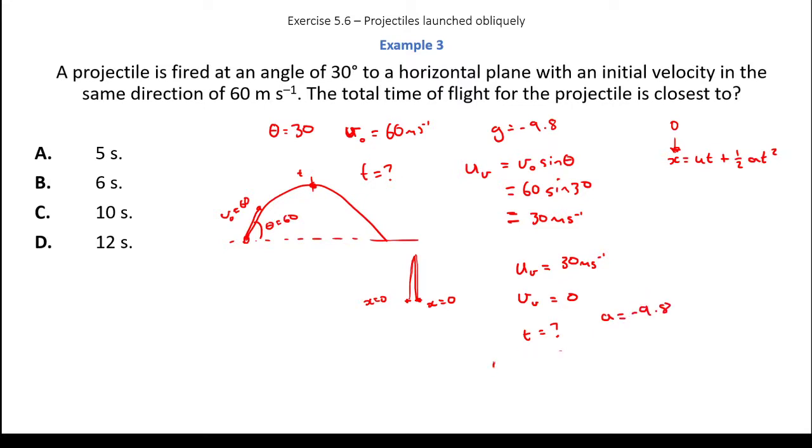So we can just use v equals u plus at. 0 equals 30 plus negative 9.8, because up is positive, t. So t is going to be equal to 30 on 9.8.